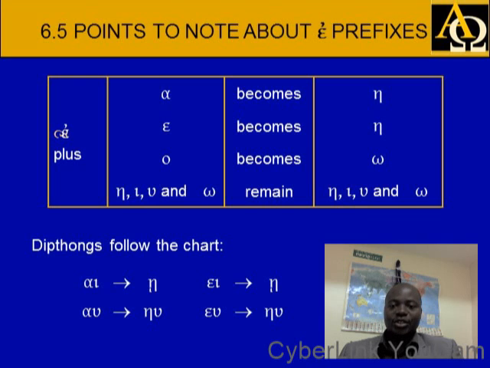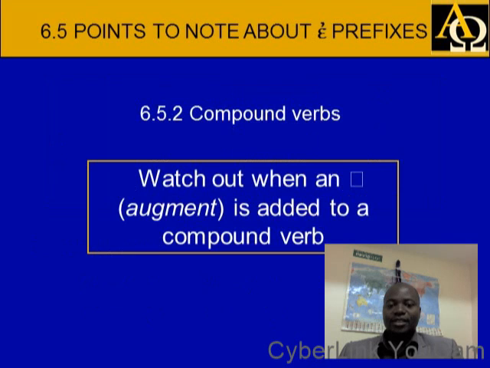Diphthongs follow the chart. Alpha iota becomes eta with an iota subscript, and so on. Most of these are lengthened.